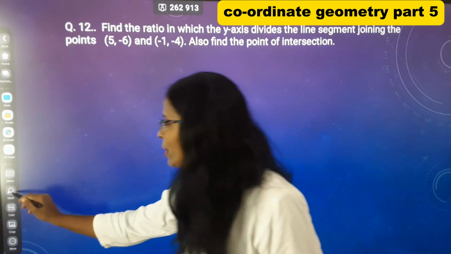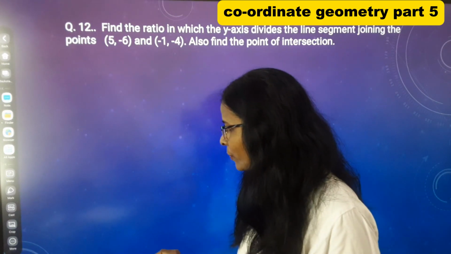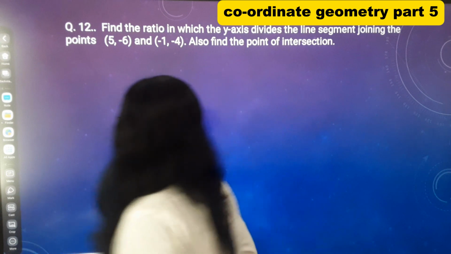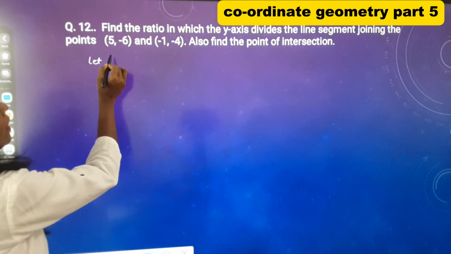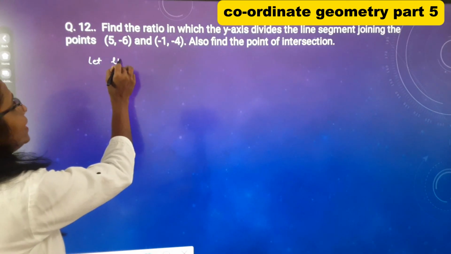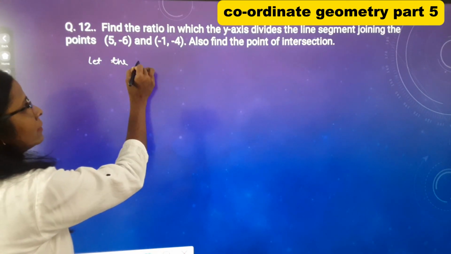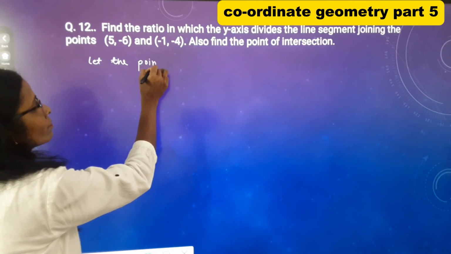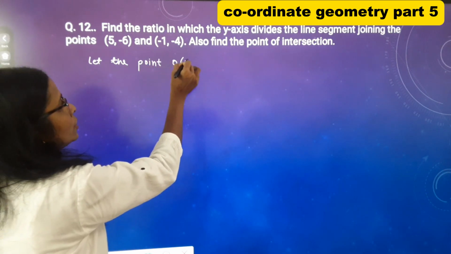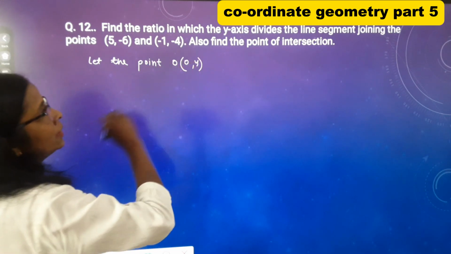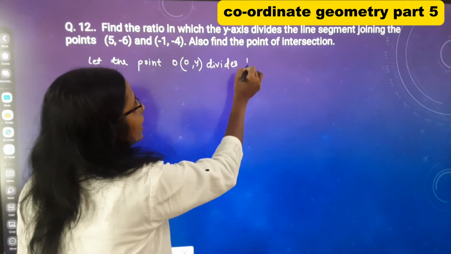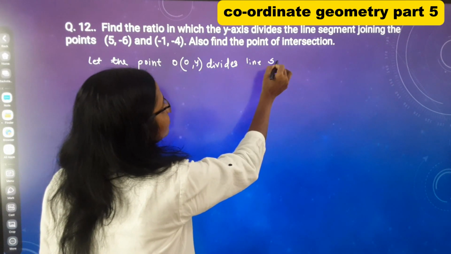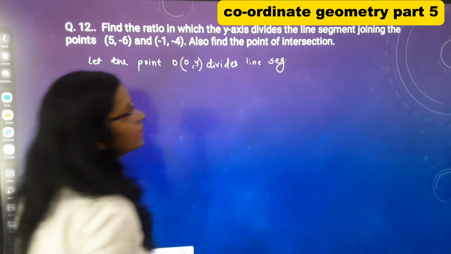Okay, so here we consider, let the point O (0, y) divide the line segment.